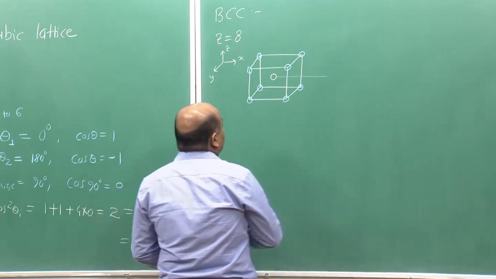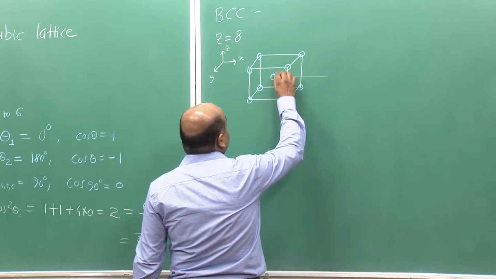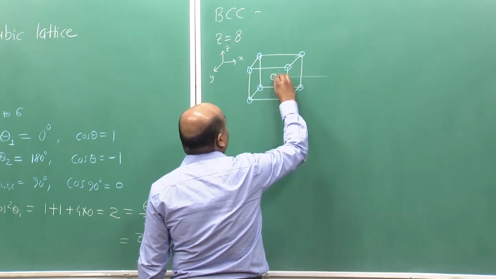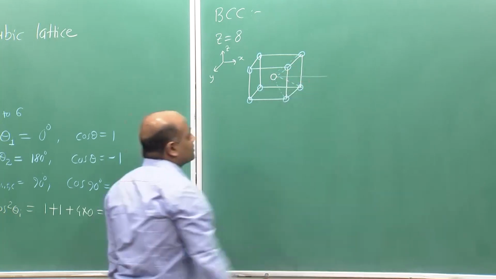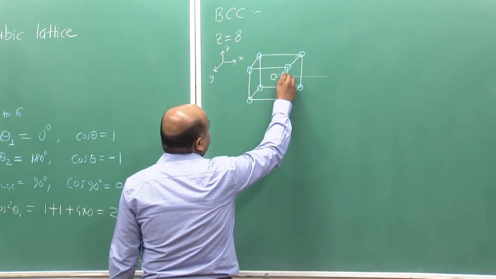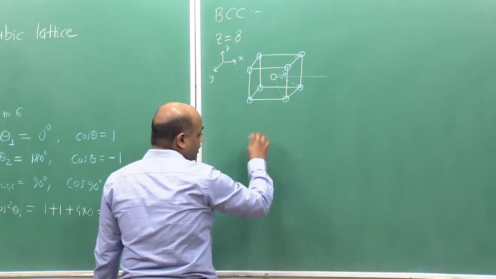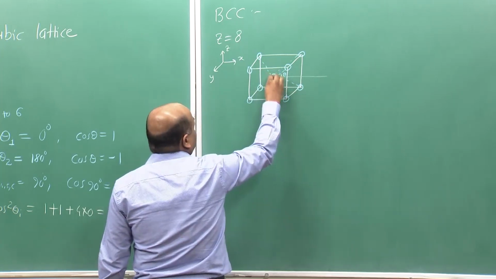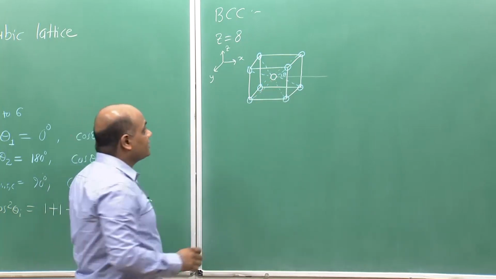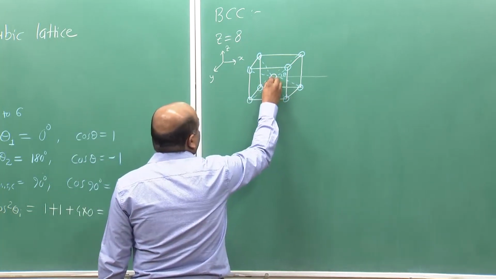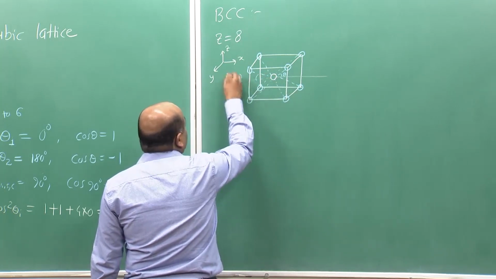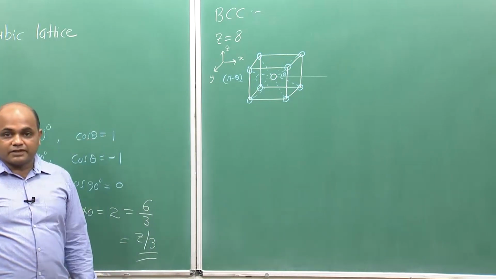then we have 4 jump vectors which are making the same angle, let us call it theta, and there are 4 other jump vectors, and the angle they are making with the diffusion direction is obviously, by symmetry, pi minus theta.